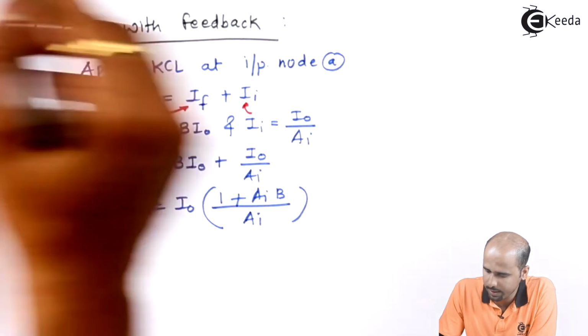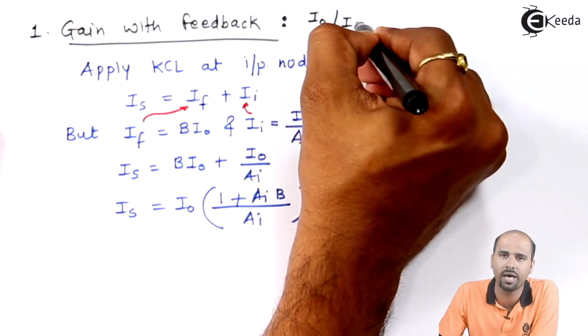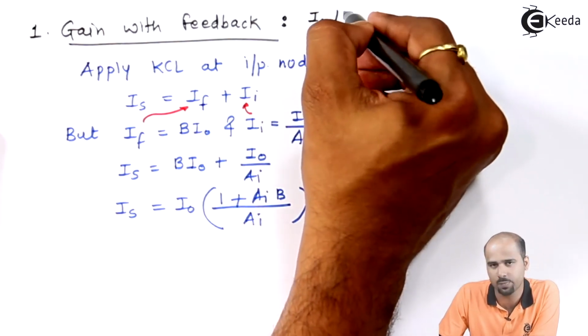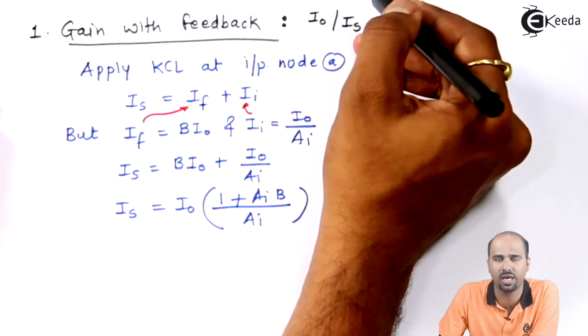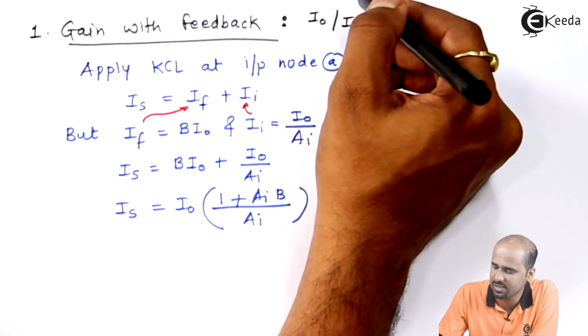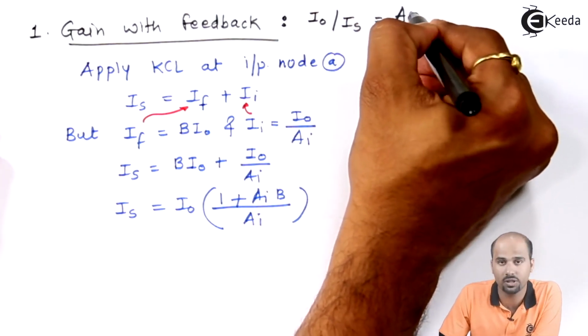So we'll define the gain with feedback. What will be the gain with feedback? IO divided by IS. Here I apply IS as the input source, because if feedback is present, IF will come into the picture, and IF plus II is IS. So IO divided by IS is your AIF, that is your gain with feedback.